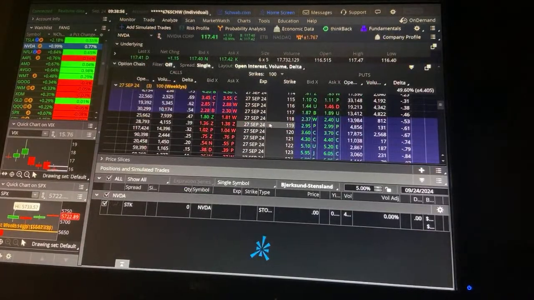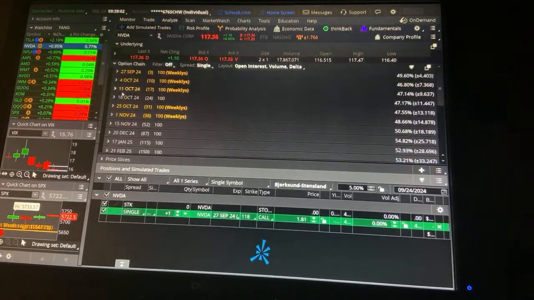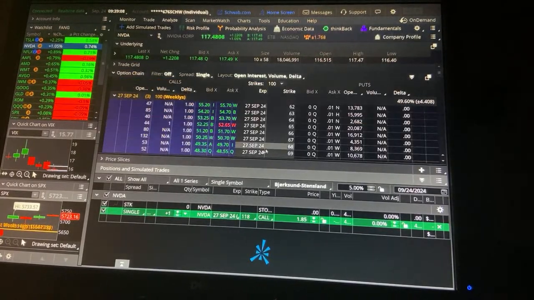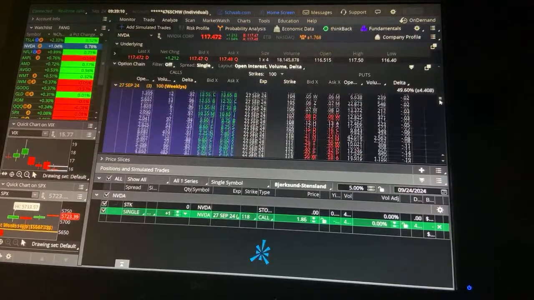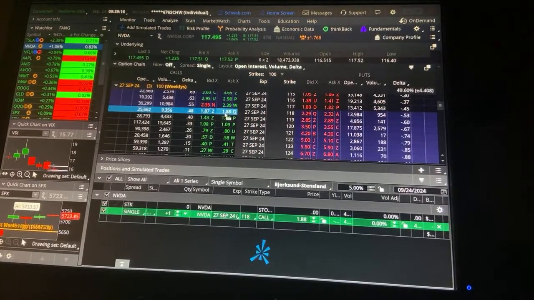So NVIDIA long call for the day, 118 strike, okay? You can even hold these for the week. And what I meant is, for a swing trade, you want to have more time till expiration. So let's cross this bridge first, and let's pick these up here. I'm going to pick these up, 118 strike here. They're going for about a buck 87. Like I said, I'm personally going to hold these.